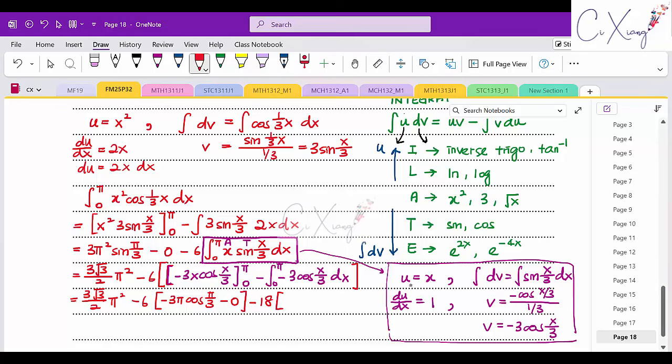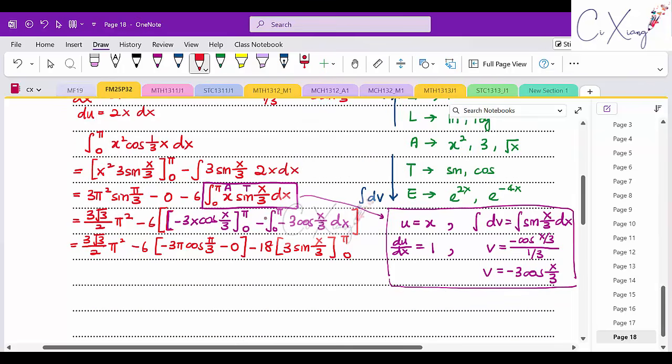Now you have to integrate cos x over 3. You'll get 3 sine x over 3, then substitute the limit pi and 0 as well. Maybe you ask me, how do I know that integrating cos x over 3 equals 3 sine x over 3? We did it just now. Integrate cos x over 3 equals 3 sine x over 3.